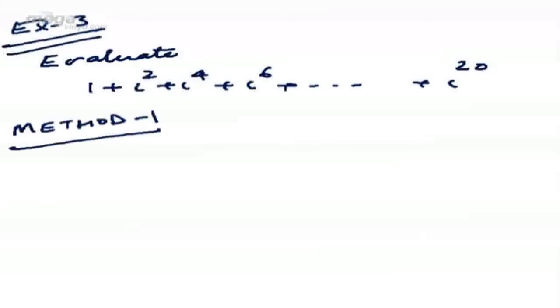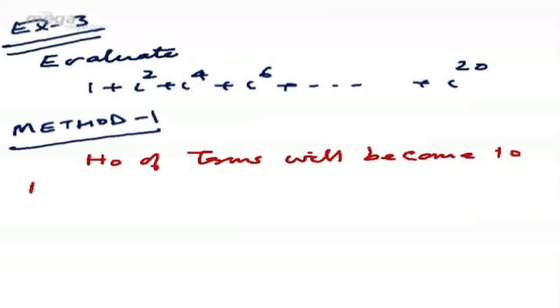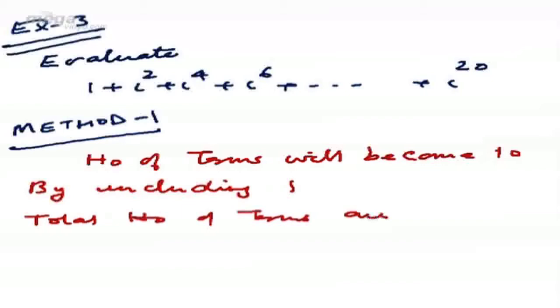Evaluate 1 plus i square plus i to the power 4 plus i to the power 6 till i to the power 20. This question can be done by two methods. Method 1. In the question we have even powers of iota from 2 to 20. So the number of terms will become 10. By including 1, the total number of terms is 11.